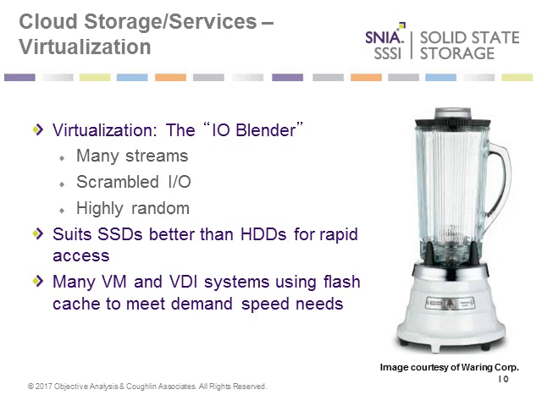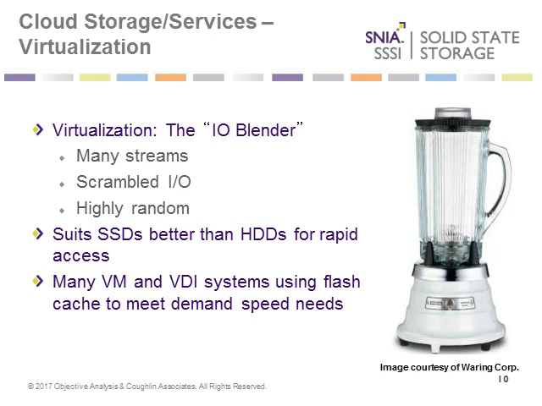This is an increasingly important topic as well. One of the primary applications is cloud services and cloud storage and virtualization. In particular, abstractions such as virtualization can lead to much higher utilization of physical assets, but it leads to very intense input-output operations, so often called an I/O blender. There are many streams. You've got scrambled I/O across many different virtual machines.